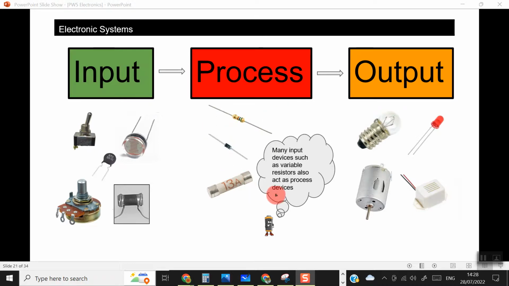Once the input comes in and the electricity gets processed, it's going to move towards some kind of output. Common output devices would be a bulb, which takes the electrical energy and turns it into light energy. It could be an LED, which could indicate whether something is on or off.